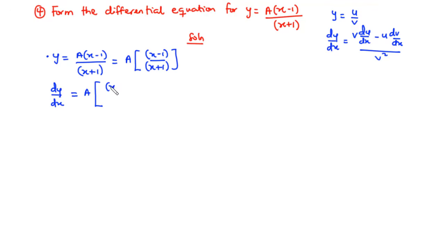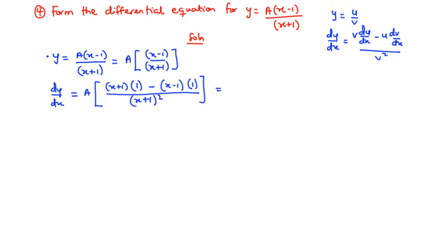So that is x plus 1, and then you differentiate u with respect to x. When you differentiate x, you have 1. When you differentiate negative 1, which is a constant, you have 0, minus u, which is x minus 1. When you differentiate x plus 1, you have 1, all divided by (x plus 1) all square.